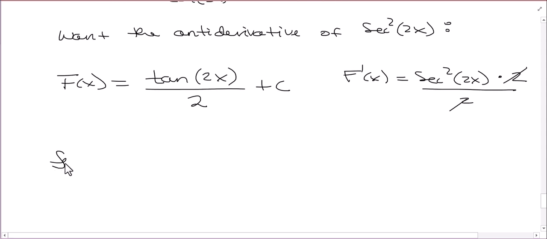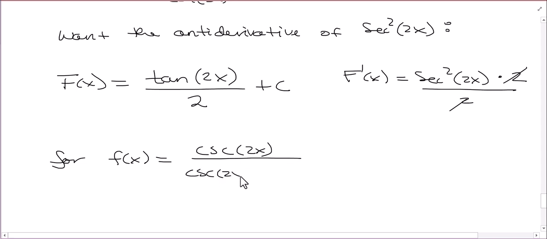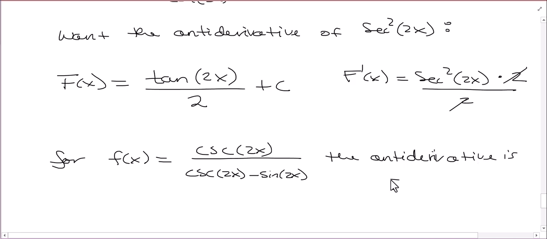For f of x equals cosecant 2x over cosecant 2x minus sine 2x, the antiderivative is capital F of x equals tangent of 2x over 2 plus c. So that will be the antiderivative.